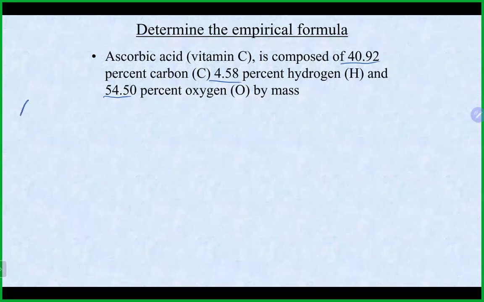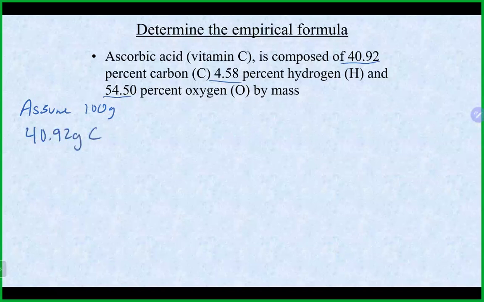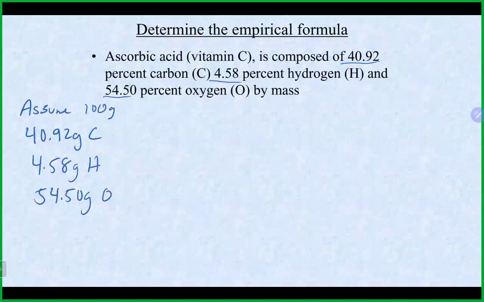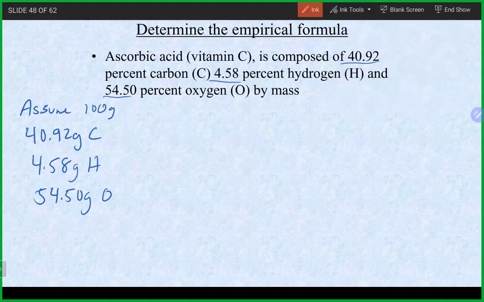Because these are percentages, we're going to assume 100 grams, which is just going to turn our percentages into grams. So that would mean we have 40.92 grams of carbon, 4.58 grams of hydrogen, and 54.5 grams of oxygen. Now that we have it in grams, the next thing we want to do is convert everybody into moles.